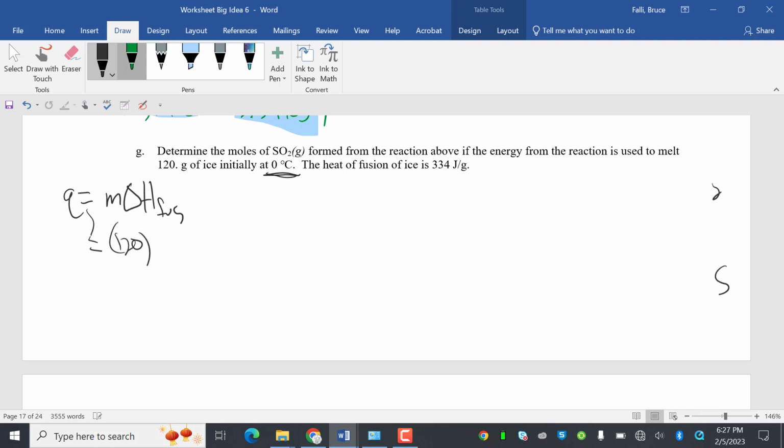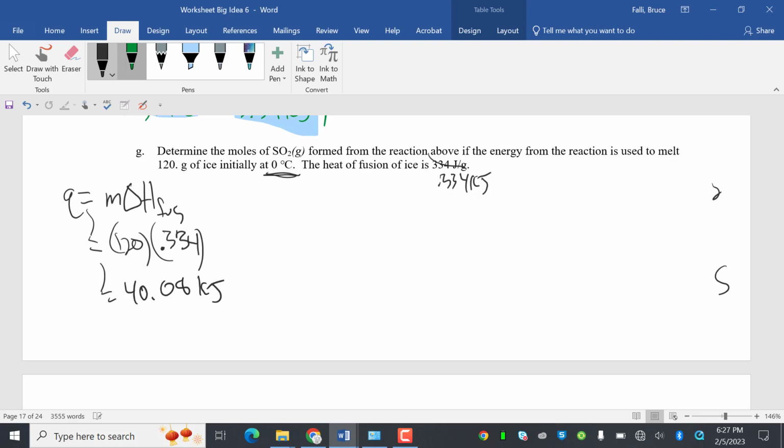Delta H fusion, I'm going to make it kilojoules right now, 0.334 kilojoules per gram. That way it'll work a little better on the next part. So that's 40.08 kilojoules, so I don't forget.